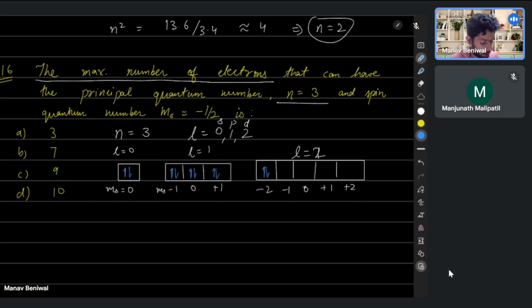And because we want the maximum number, we will fill them all up. If you now count the down spin electrons, which correspond to -half spin, here you'll have 1, here you'll have 3, and you'll have 5. So if you add them up, you'll get 9. So the correct answer is 9.